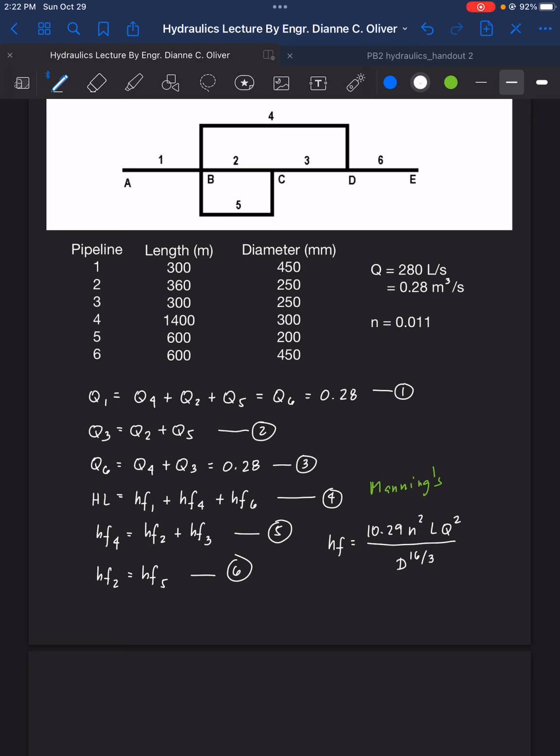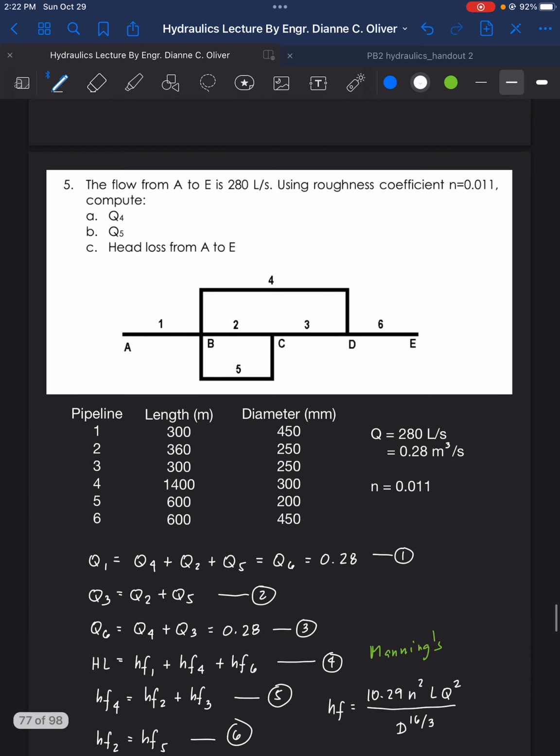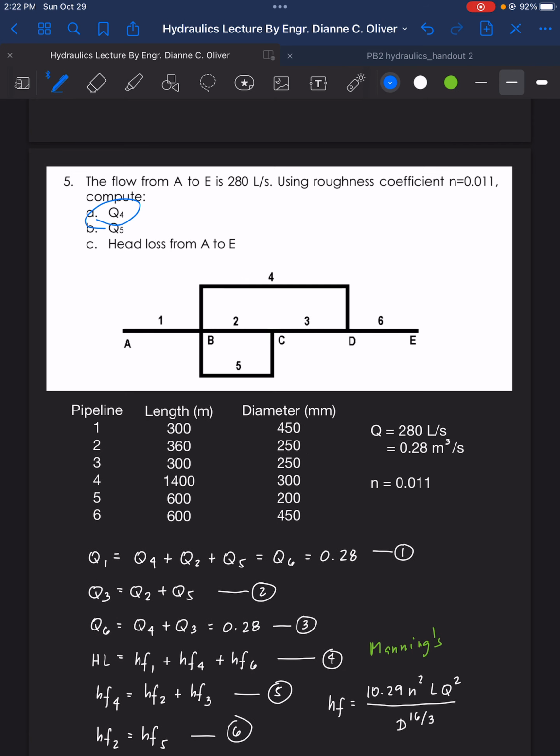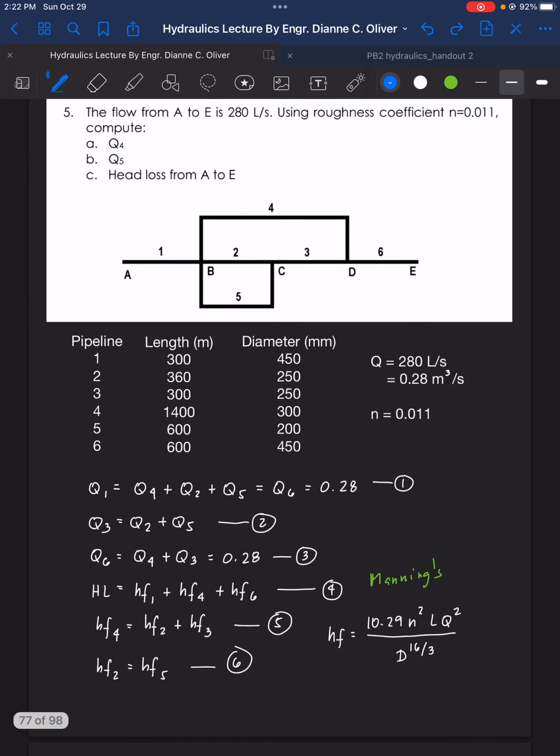So since we have all the equations, what will we do here? We need to find the value for Q4. So how will we do that? To find the value of Q4, we will need to see the relationships here. Which of these equations are we going to use? We don't have a value for the total head loss.